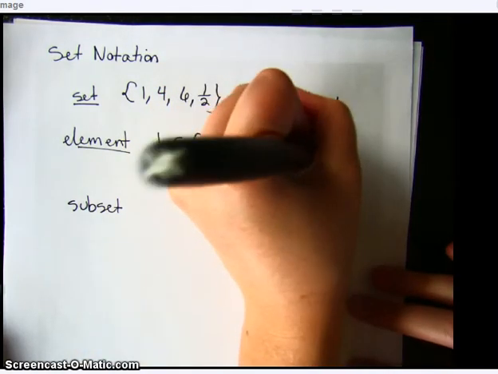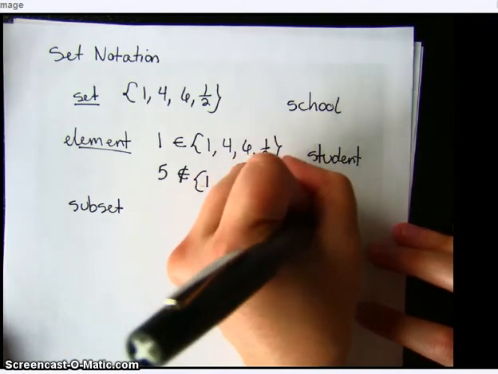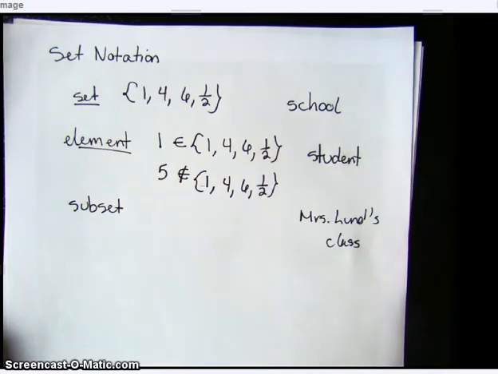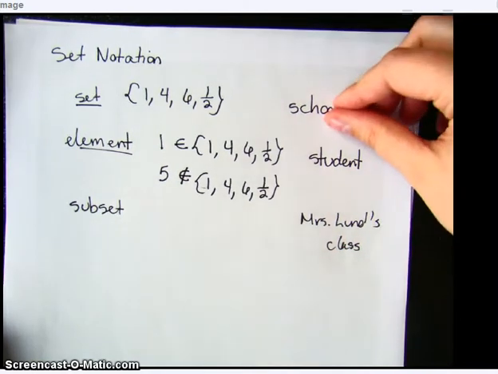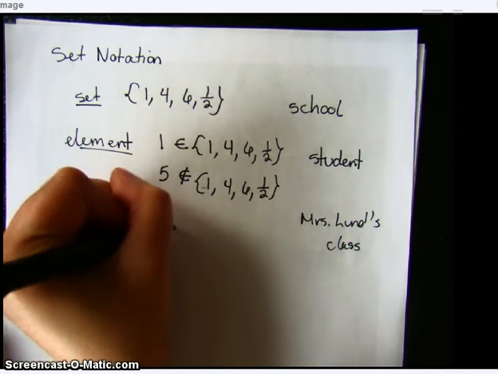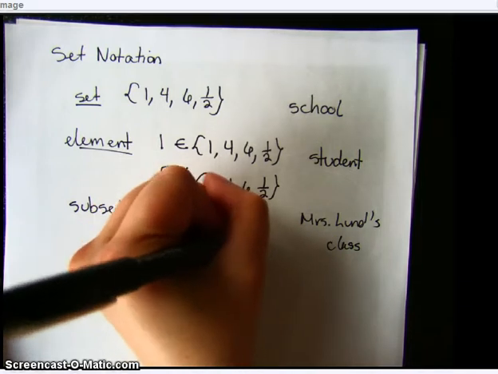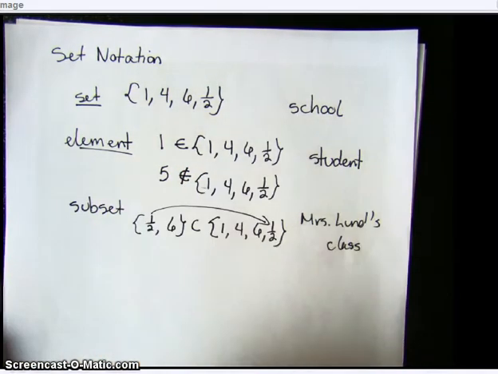Each student is an element, but let's say Mrs. Lund's class is a subset because there's more than one element in this subset, but every person in my class is also part of the school. So for example, the subset 1/2 and 6, that is a subset of 1, 4, 6, and 1/2 because 1/2 is in the set and 6 is in the set.